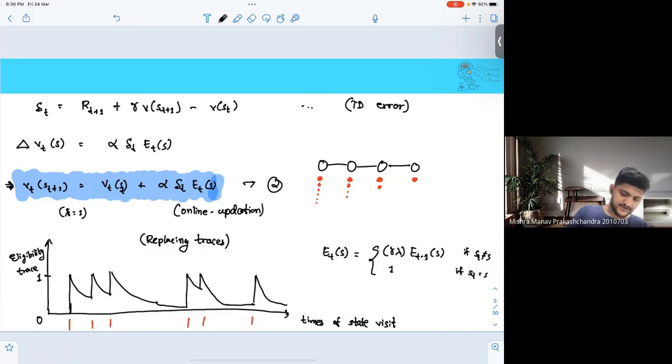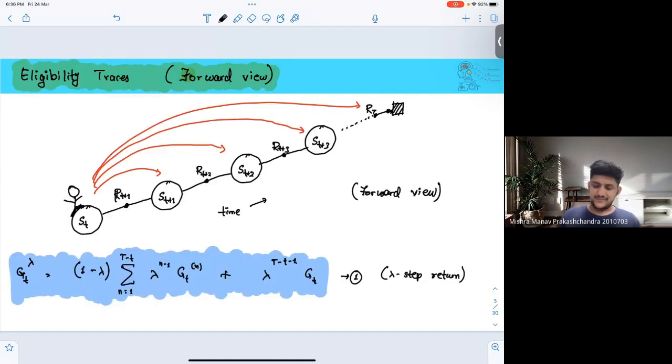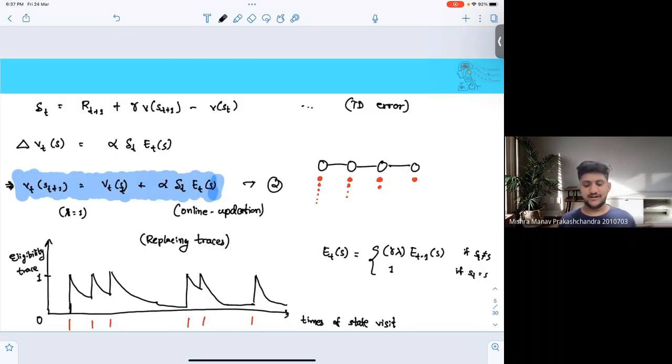The moment I set lambda equal to 1, my TD lambda becomes TD(1). TD(1) is essentially the Monte Carlo method, right? If I put lambda equal to 1 in equation 1, this entire first term vanishes. It becomes 0, only the second term remains, and that becomes G_t. So my G_t^lambda is essentially G_t, which means I am looking at the Monte Carlo method.